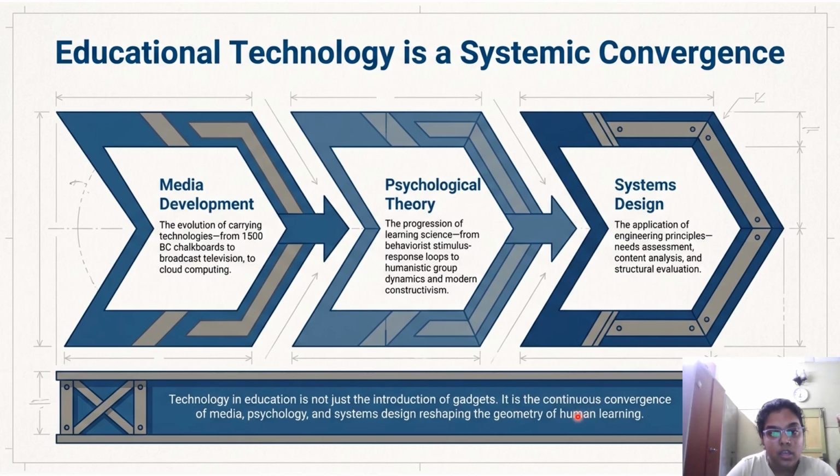And it is the continuous convergence of media, psychology and system design, reshaping the geometry of human learning. So educational technology continuously converges media, psychology and system design, which reshapes the geometry of human learning.